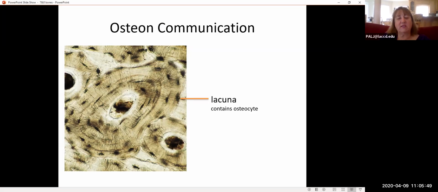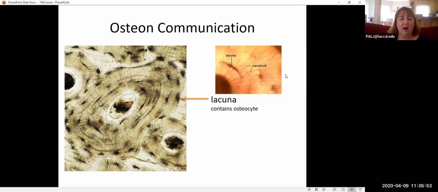So that's why it's just tagged the lacuna containing an osteocyte. But you also can clearly see the little tiny lines, which are the canaliculi. So I have them labeled over here, but if you go to the picture on the left, I think you clearly can see all the lacuna there, all the canaliculi there as well.